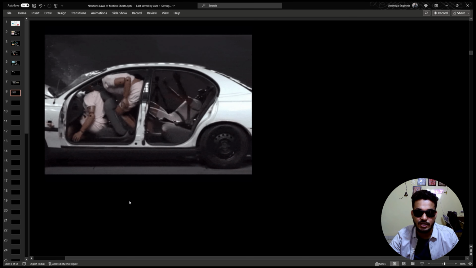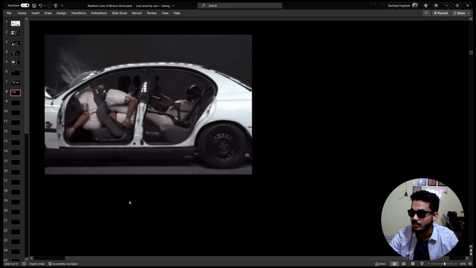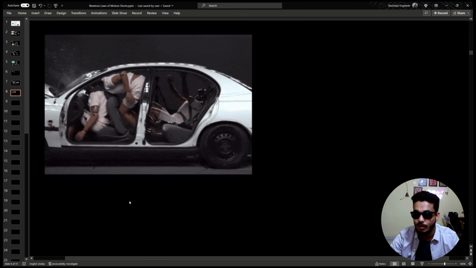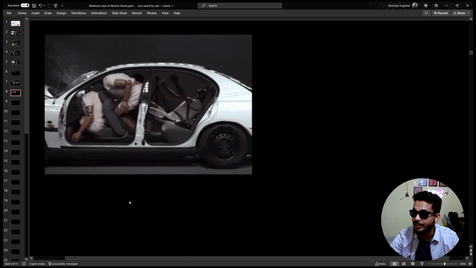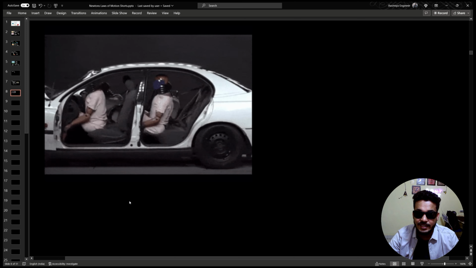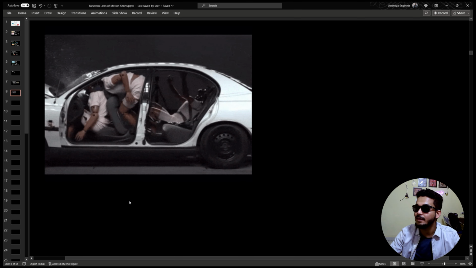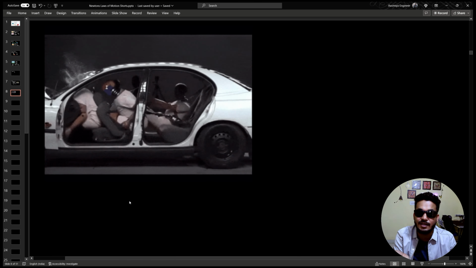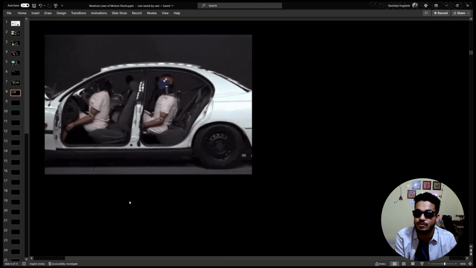This is essentially Newton's first law in action, right? Now when the car is moving at very high speeds, your body is also moving with it. As soon as your car hits something, your body tends to keep moving with the same velocity, and that is the reason these dummies are just pushed forward.